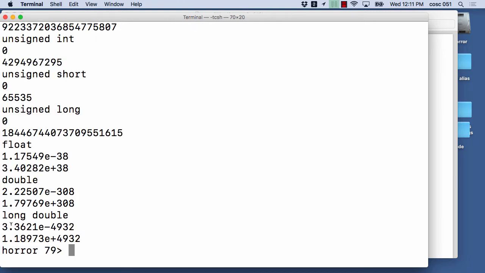There you go. So you can see right here, float has 38 decimal places possible, double has 308 decimal places possible, and a long double has 4,932 decimal places possible. Yep.